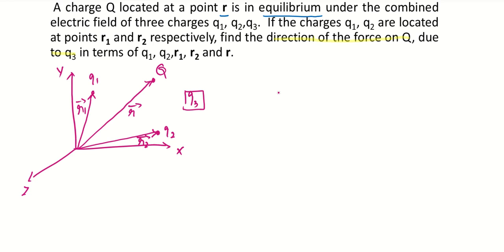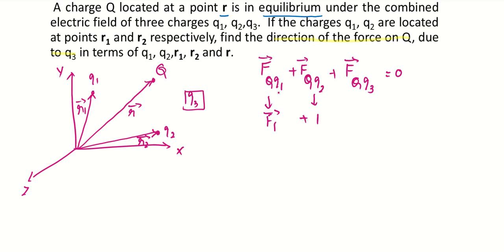It is given that the charge Q is in equilibrium, which means the total force acting on charge Q should be zero. What does it mean? The force on charge Q due to Q1 plus the force on charge Q due to Q2 plus the force on charge Q due to Q3 should be equal to zero. All these are vectors. Let me write these as F1 vector, F2 vector, plus F3 vector, and they should be equal to 0.